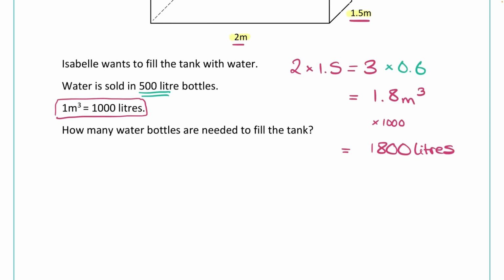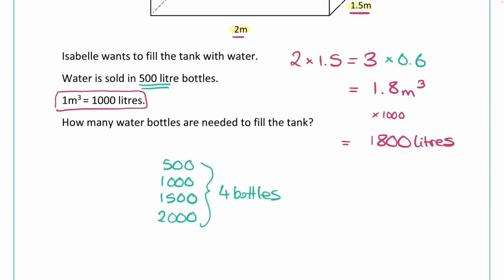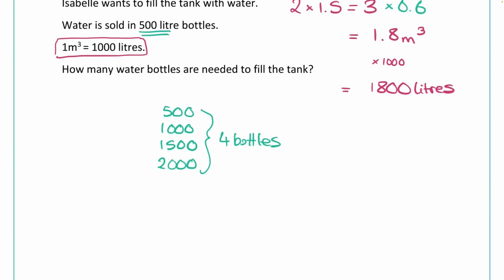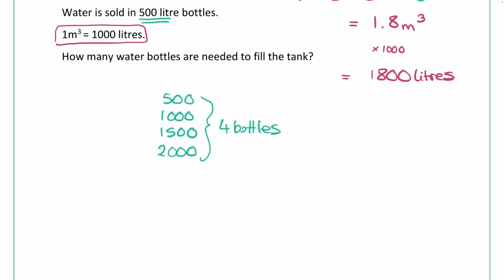We could either do 1,800 divided by 500, which isn't the nicest without a calculator, or we could just count up in 500s. 500, 1,000, 1,500, which isn't enough, and then 2,000, which is enough. Of course, it's gone slightly over, but of course there we have 4 bottles as our final answer. So it says how many water bottles are needed? Well, we're going to need 4 bottles. So our answer is 4.